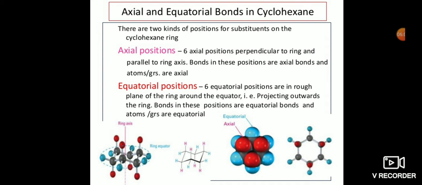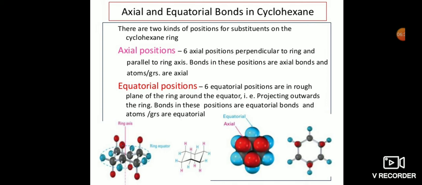You can see here the red balls are the axial positions. In the first structure all the red balls are on axial positions. And equatorial positions: 6 equatorial positions are in the rough plane of the ring, around the equator.